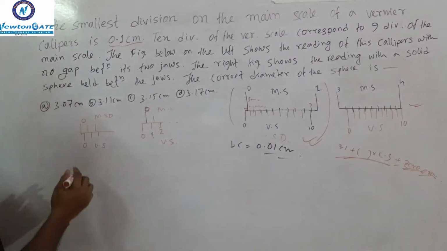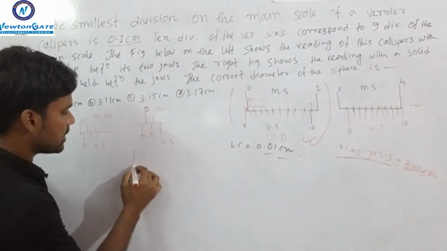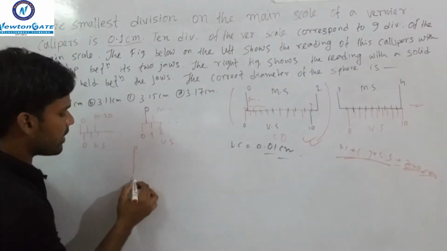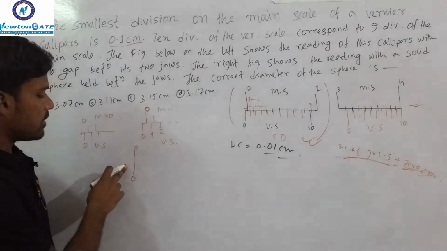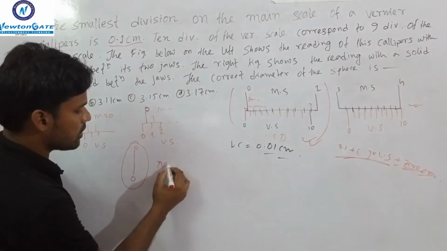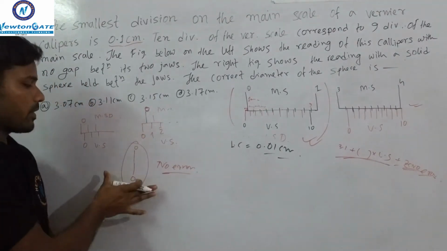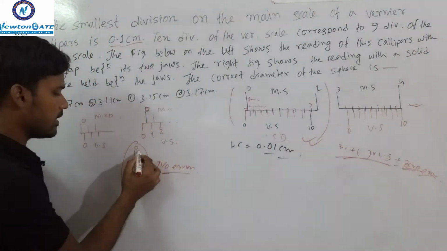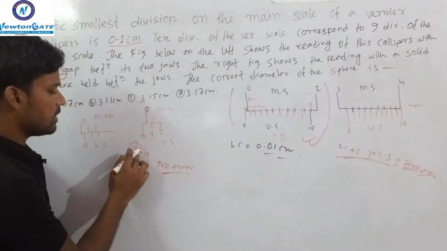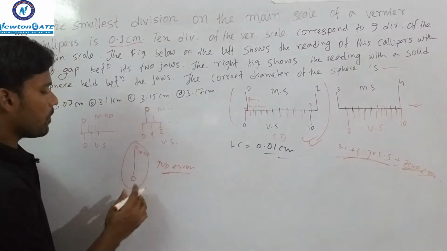Okay, so these are the two conditions, and another condition, whenever main scale 0 and vernier scale 0 coincide with each other, then in this condition we can say there is no error. This is our suitable condition, that main scale 0, the first reading is 0, and vernier scale reading 0 should coincide.